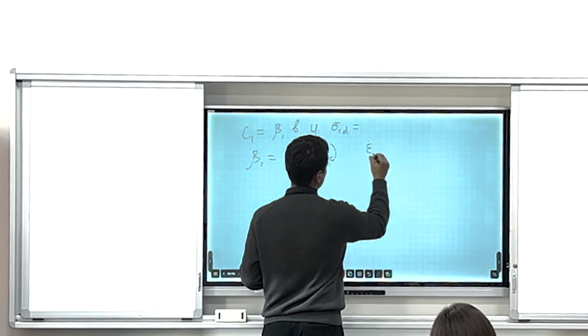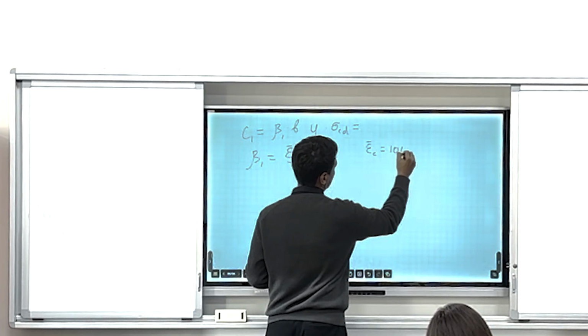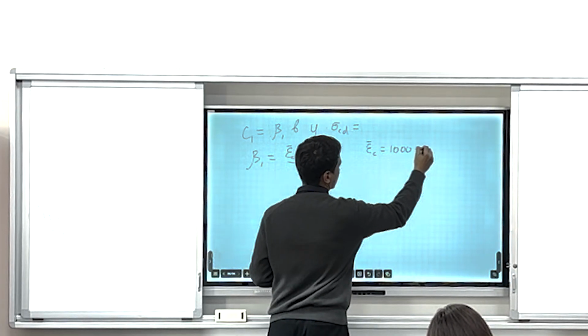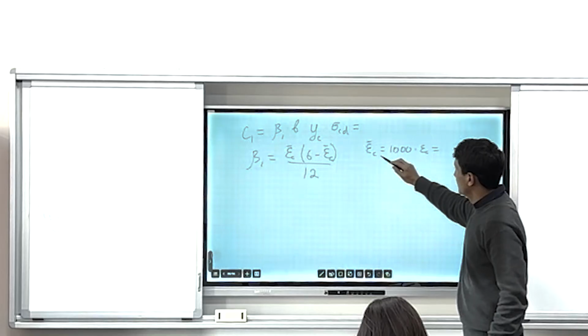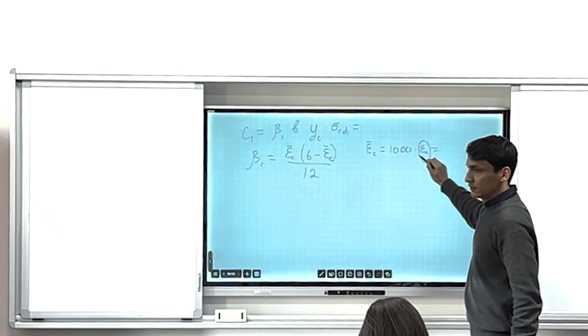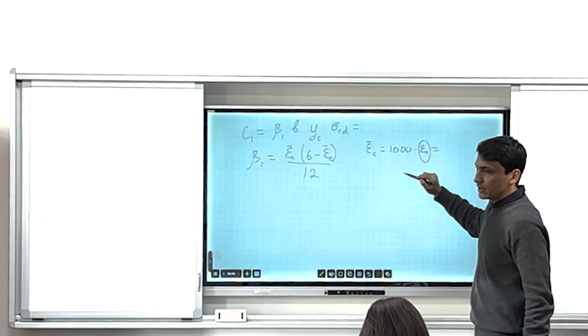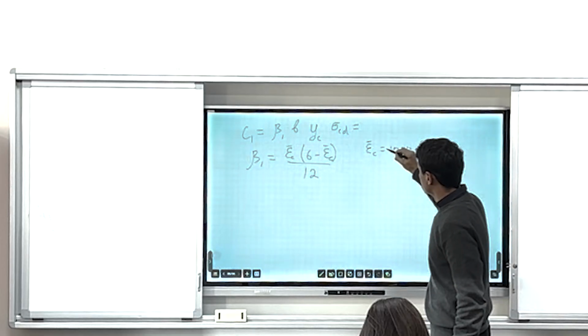Epsilon c is 1000 multiplied by epsilon c, so you just multiply it by 1000.